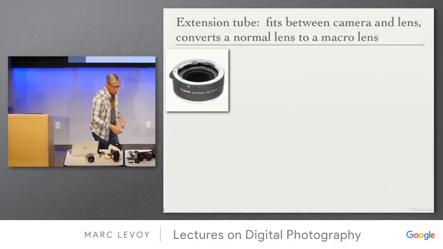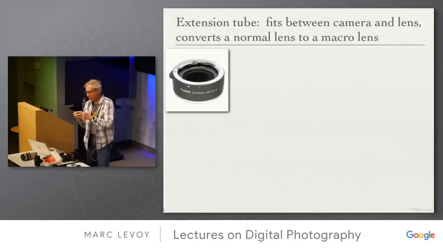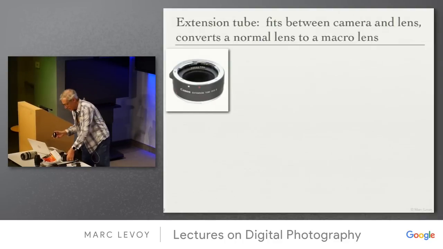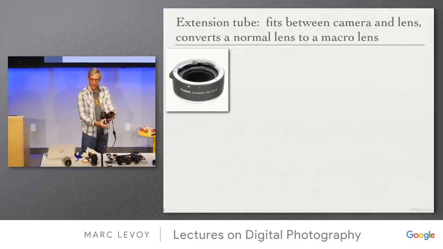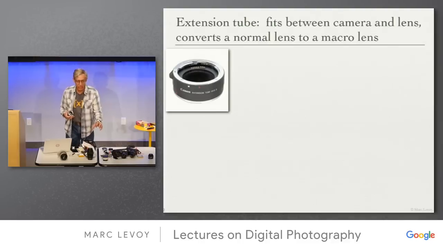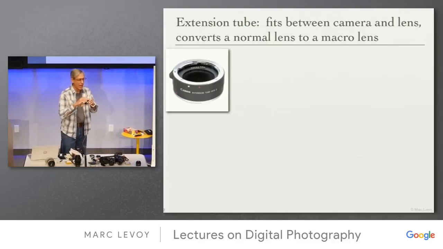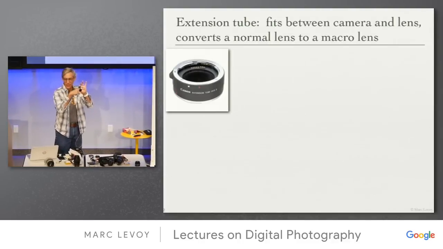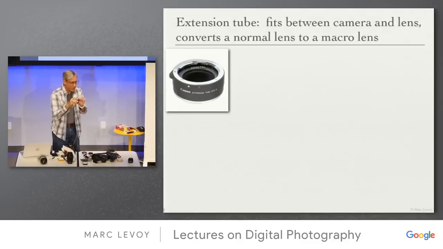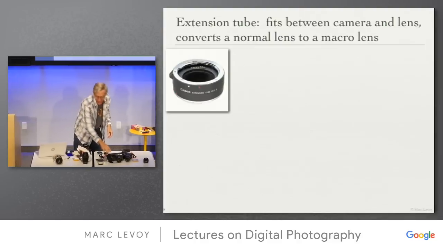So an extension tube, and here is one, is just something that goes in here, in between the camera and your lens, and takes your lens and moves it out a little bit. It's got no optics in it. See? It's just a tube, although it does transmit the electronics through there. It's a little bit more complicated than that.